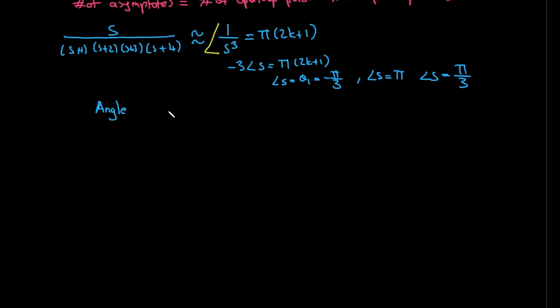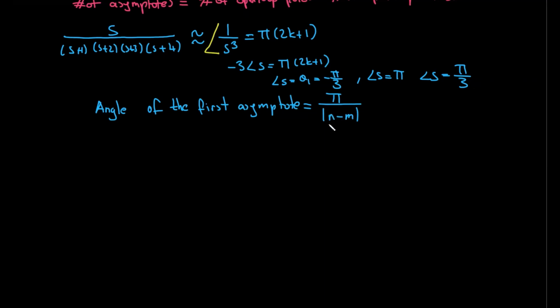So the angle of the first asymptote, I will get the first positive one, okay? I don't need to say the first, second, and third there. But I will get the smallest positive one as the first asymptote for the time being, is equal to pi divided by the difference between n minus m, okay?